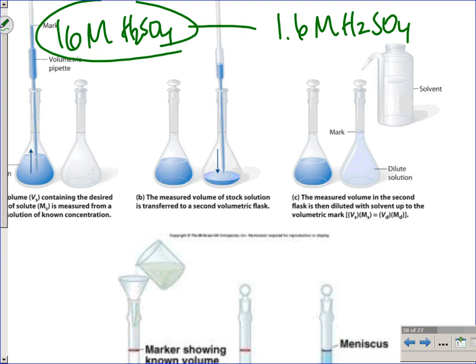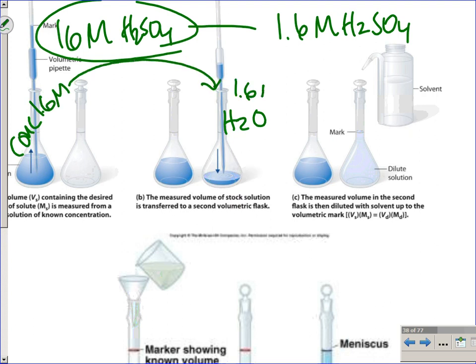It's like $100 a bottle probably. So what I would do instead is I would take some of the concentrated solution out, put it in a new flask, and then do all the rest. Add water, which would dilute the 16 molar acid to a more friendly 1.6 molar, and I would then fill it up to the mark, and then that would be our diluted solution.